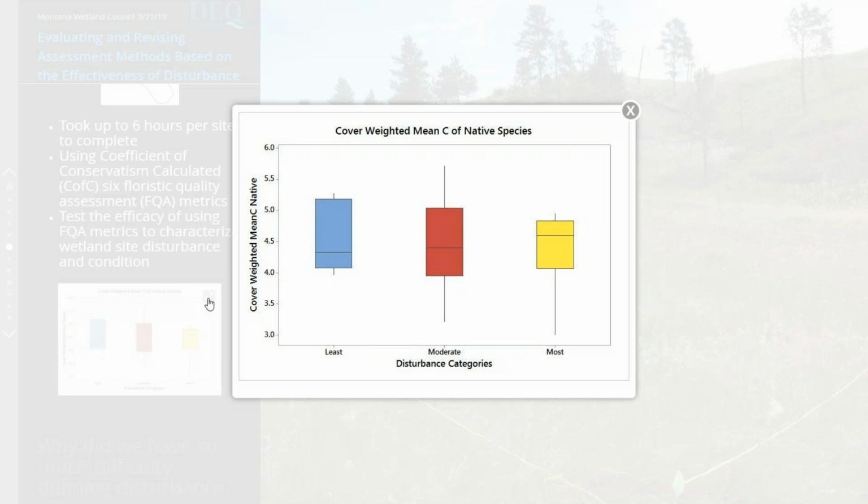It didn't correlate well with how we calculated condition, and we calculated condition 4 different ways. Besides NACA, besides heritages, I went 2 different ways because we're having so much trouble differentiating all this data. Essentially, the FQA data didn't help us at all. Not that it's not useful, it just didn't help us at all.